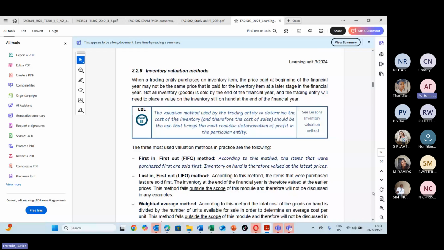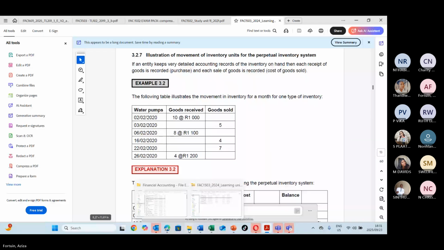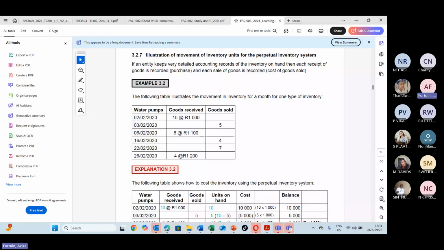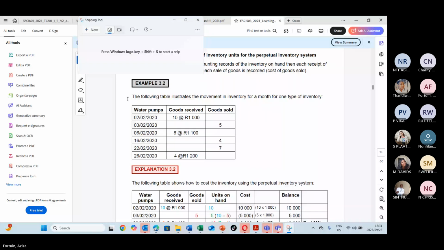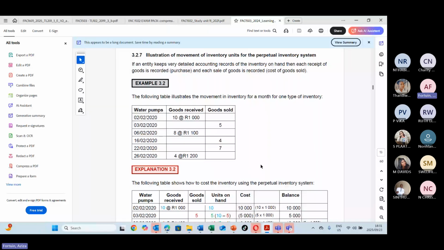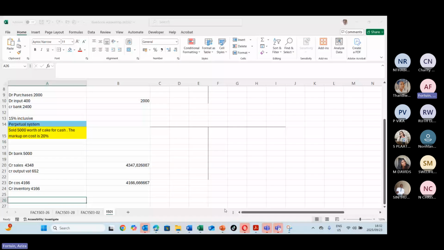Let me just copy it quickly over here. Where's my snipping tool today? So I want you to calculate what the cost of this inventory is for me. I haven't done the T accounts.